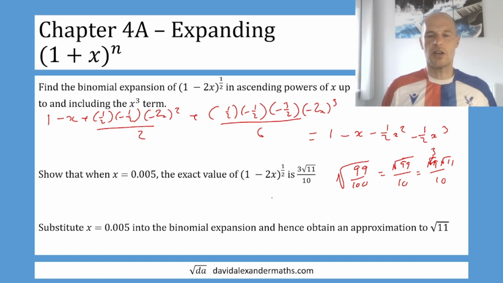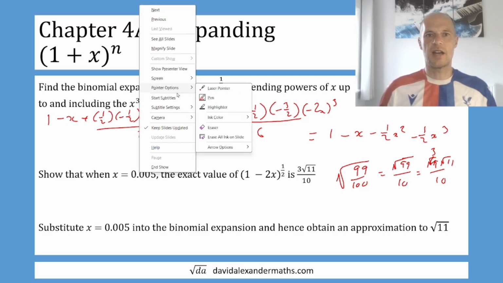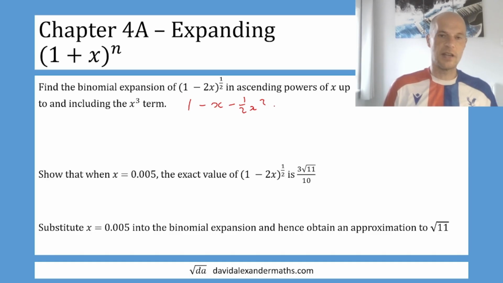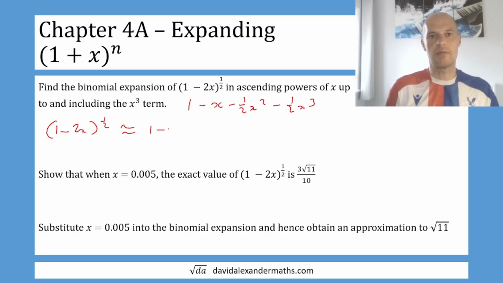Okay, so for this final part, let me just delete everything, and I'll just rewrite the expansion. It was 1 minus x minus 1/2 x squared minus 1/2 x cubed. Okay, so we are saying that 1 minus 2x to the power of 1/2 is approximately the same as 1 minus x minus 1/2 x squared minus 1/2 x cubed.